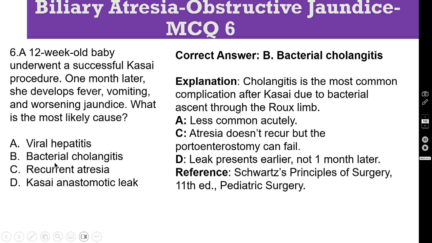C is recurrent atresia. Usually it won't recur, but the portoenterostomy can fail. D. Kasai anastomotic leak. It presents earlier, not 1 month later. So that is also incorrect. Reference: Schwartz's Principles of Surgery, 11th edition, Pediatric Surgery chapter.